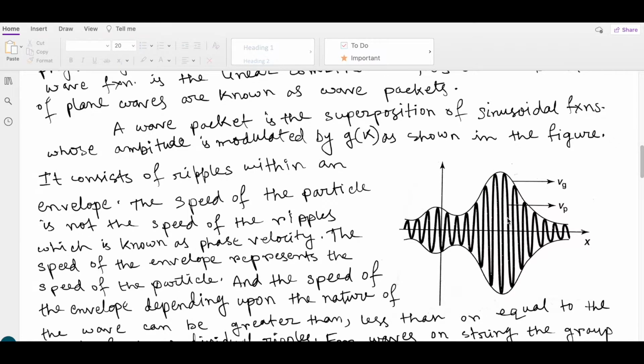These individual ripples are the sinusoidal waves, and the amplitude is this envelope. This amplitude is modulated by the function g(k). It consists of ripples within an envelope. This is the envelope, the outer part, and these individual functions are the ripples.